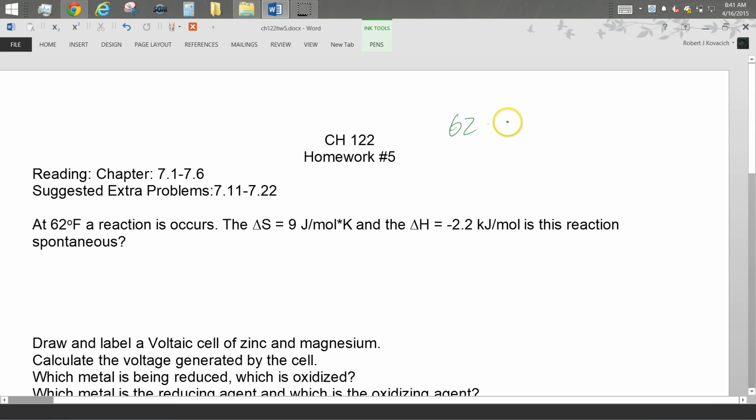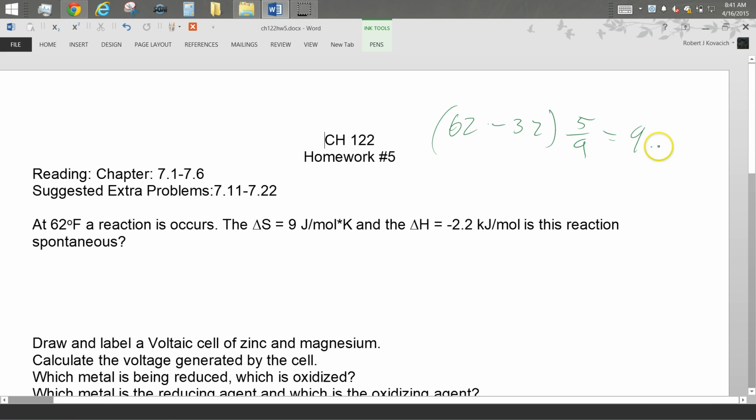62 minus 32 times 5 ninths. Let's see if that's right. Times 5 divided by 9 equals... Yeah.